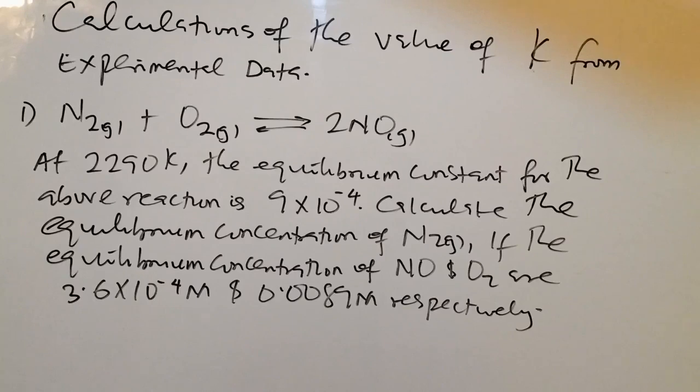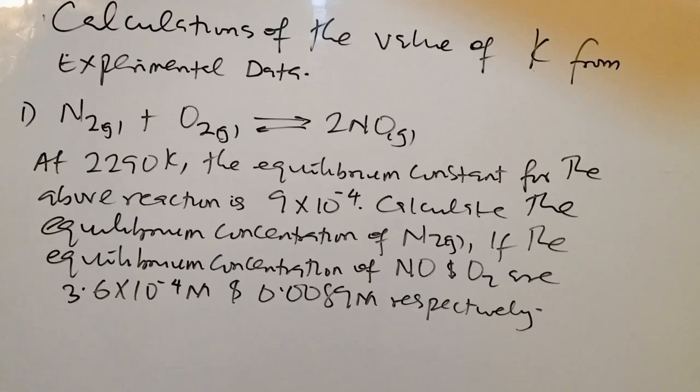Calculate the equilibrium concentration of nitrogen if the equilibrium concentrations of nitrogen monoxide and oxygen are 3.6 times 10 to the power minus 4 mole per dm cube and 0.0089 mole per dm cube respectively.